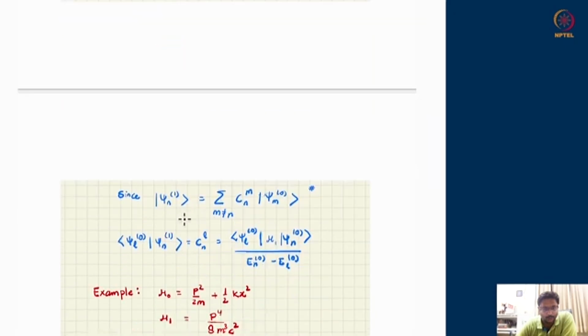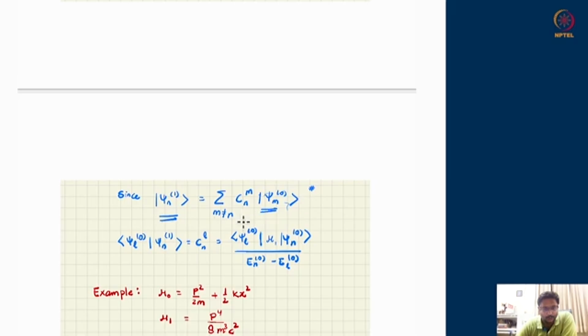We have realized that psi N1 can be decomposed along the unperturbed eigenfunctions, but for the fact it does not contain any projection along its own unperturbed direction. So I would have all the basis elements present apart from psi N0. So it is decomposable in this basis with one basis element missing, which is psi N0.